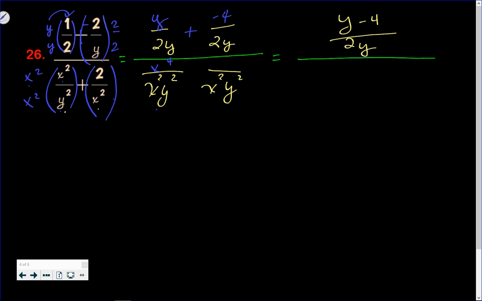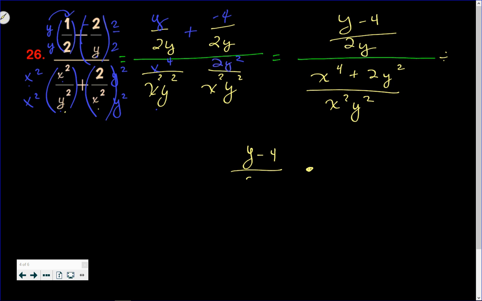This one I got to multiply by, that gives me 2y squared. Okay, so x to the 4th plus 2y squared over x squared y squared. I'm going to change my division to a multiplication. I'm going to flip that one.